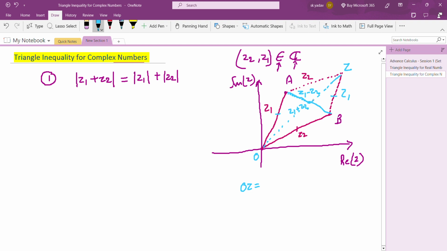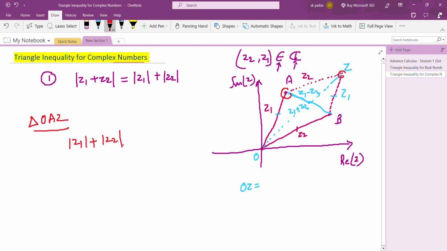Okay, so let's come and prove this one, how it works in the triangle inequality. As I told you, let me take an example of this triangle. So we have a triangle O, A, Z. So in triangle OAZ we have the modulus of Z1 plus Z2.